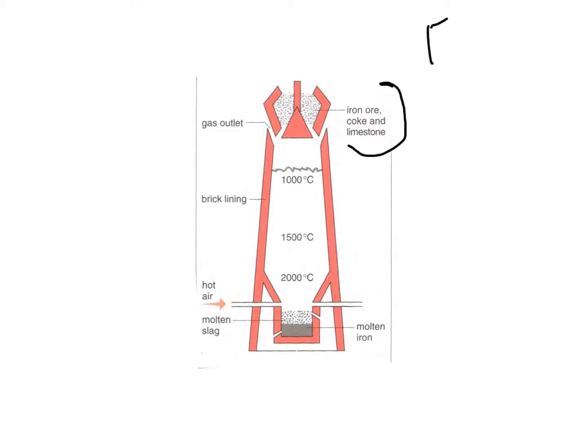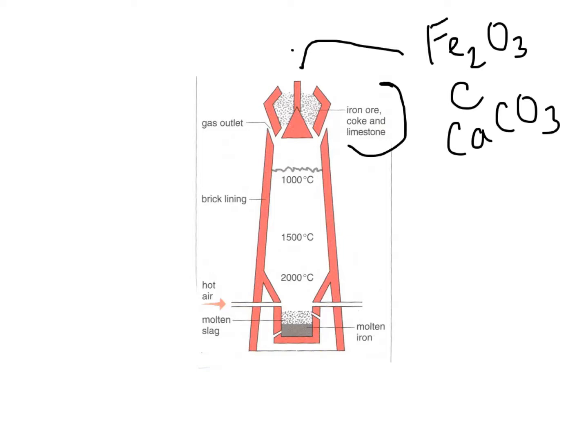Iron ore has the formula Fe2O3, mainly iron oxide, and coke is mainly carbon, and limestone is calcium carbonate. It's really important to understand that they're all added here at the top of the tower, and it flows down the tower this way.